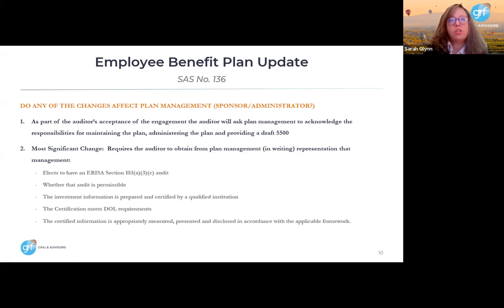The most significant change requires the auditor to obtain written representation from management that management has elected an ERISA 103 audit, that this audit is permissible, that the investment information is prepared and certified by a qualified institution, that the certification meets the Department of Labor requirements, and that the certified information is appropriately measured, presented, and disclosed in accordance with the applicable framework.